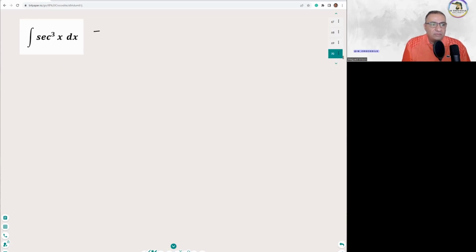Let me rewrite this as the integration of secant squared x times sec x dx, just splitting the power. Now you have two functions multiplied by each other inside the integral.